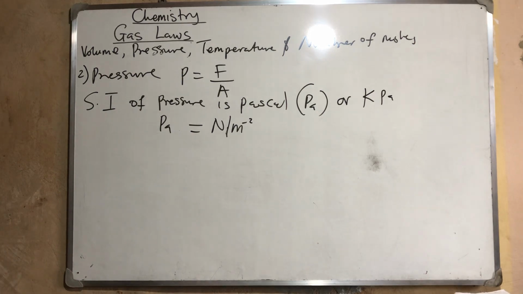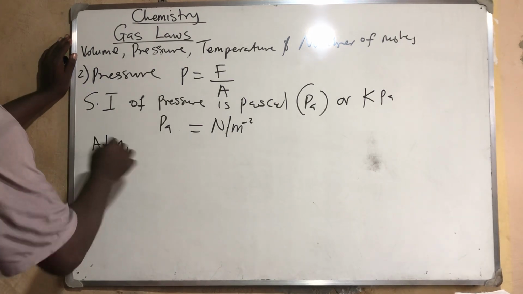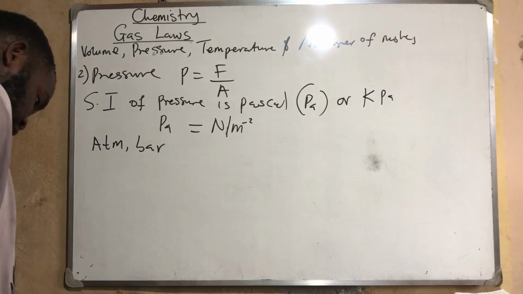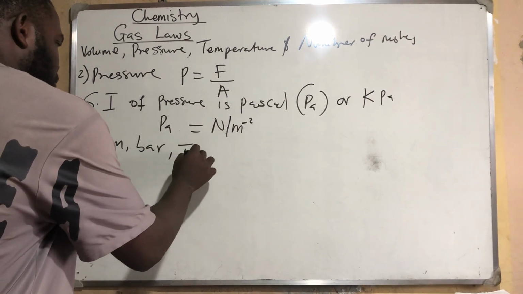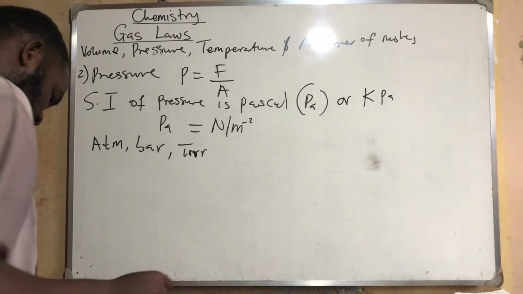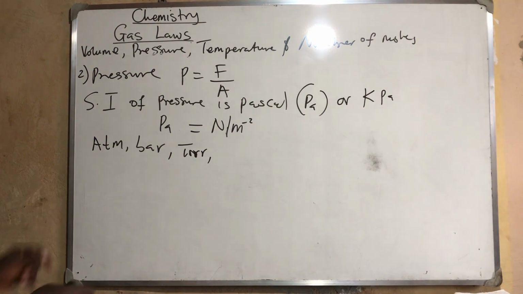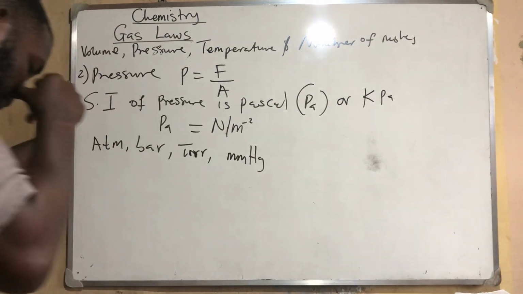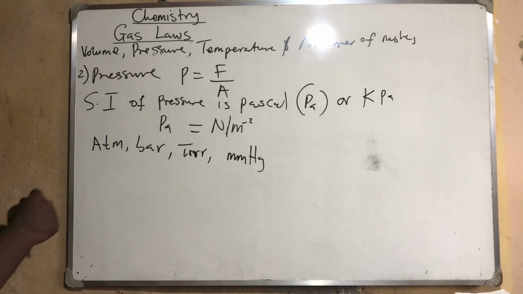There are other units of pressure. Pressure is measured in atm, in bar, and in torr. It is equally measured in millimeter mercury, mmHg. Please note that another word for millimeter mercury is torr.